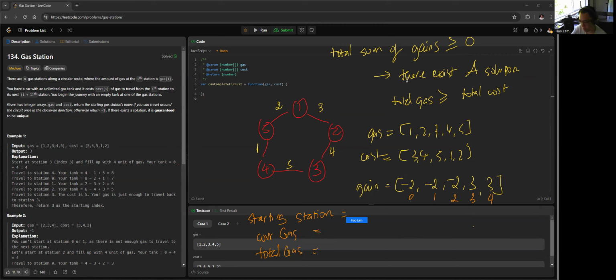Remember, in order for it to be a valid solution, the total gas has to be greater than or equal to the total cost. So we accumulate the total gas as we go, so we don't have to iterate through it 2 times.